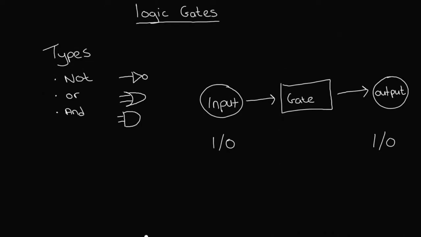The reason is by using multiple logic gates. We usually don't use one logic gate by itself to do something. We usually use multiple logic gates. So we could use a NOT gate and an OR gate and an AND gate and maybe another OR gate. Or a simpler example might be us just using a NOT gate and an OR gate.